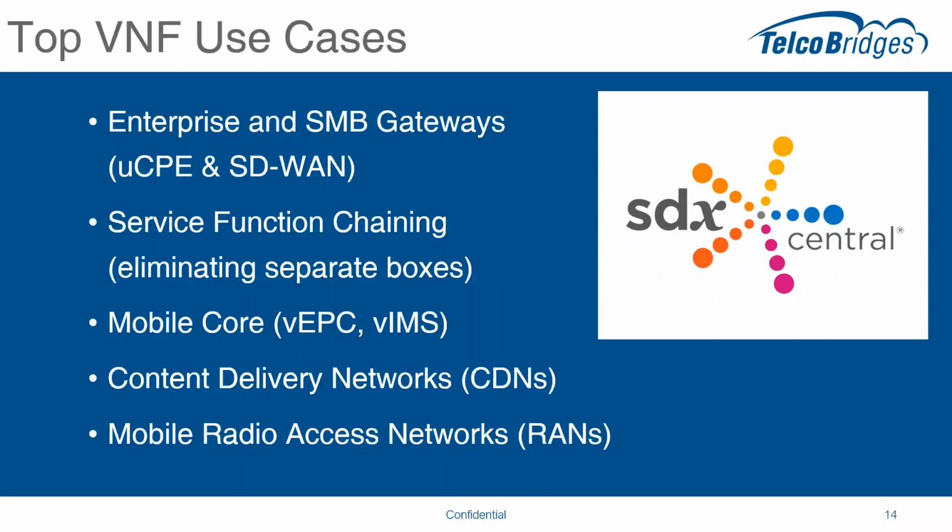Eliminating those separate boxes as we showed. It's also appearing in the mobile core with pushing the IMS architecture. We're seeing content delivery networks, right? Pushing some of the content closer to the consumers of the content, speeding up delivery in cable networks and other platforms. And we're also running into the mobile radio access networks, these RANs being based on VNFs sitting in dedicated equipment out at the edge of the network.